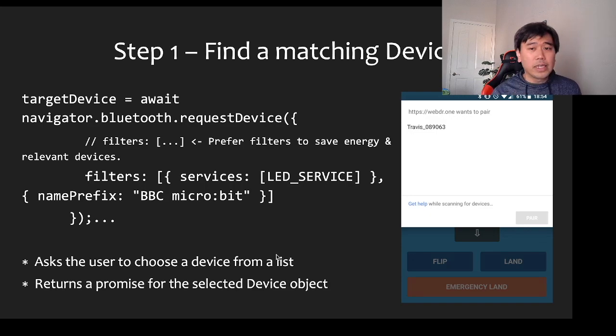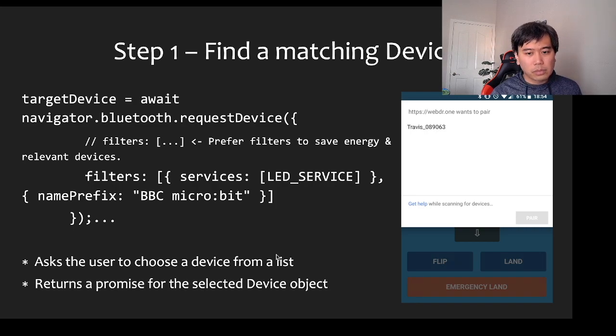So finding a matching device, you go through step 1, navigator.bluetooth.requestDevice. In this case, we were filtering on the name prefix BBC micro:bit, so it only shows the ones that are BBC micro:bit on our screen, and then it filters for only ones that have the LED service. I'm going to show you a demo where it would prompt this screen.